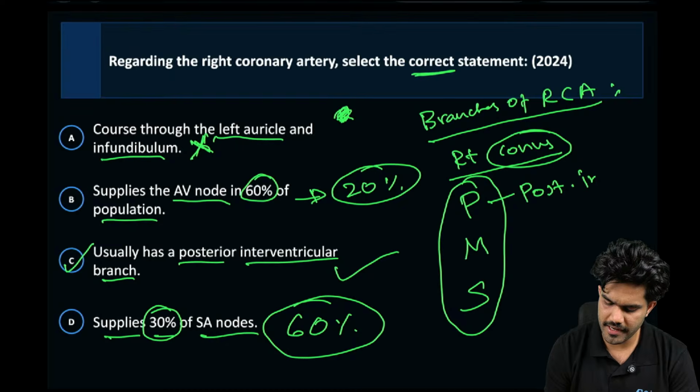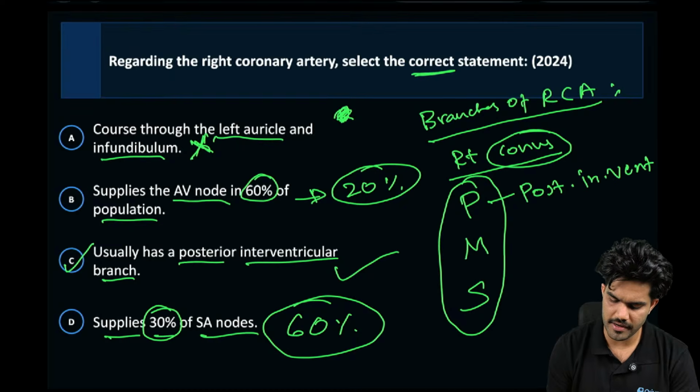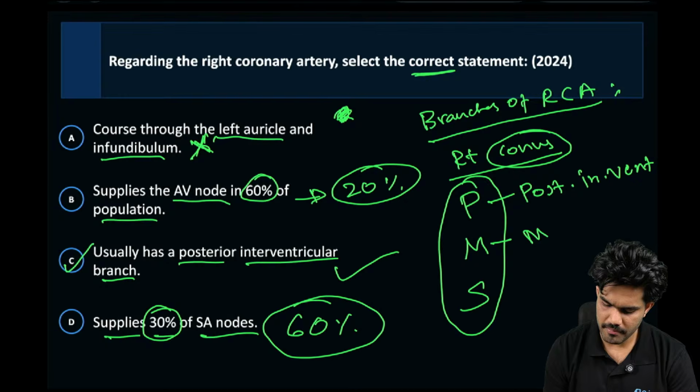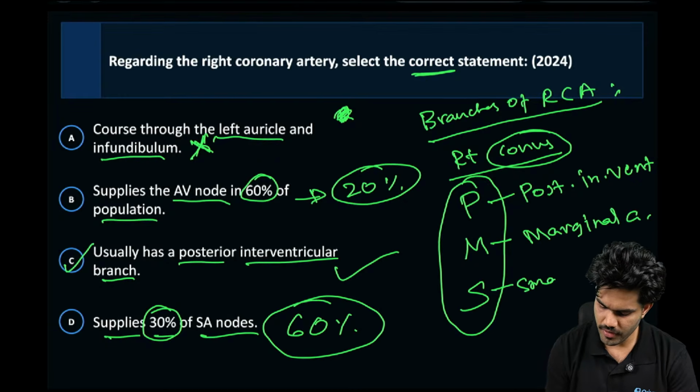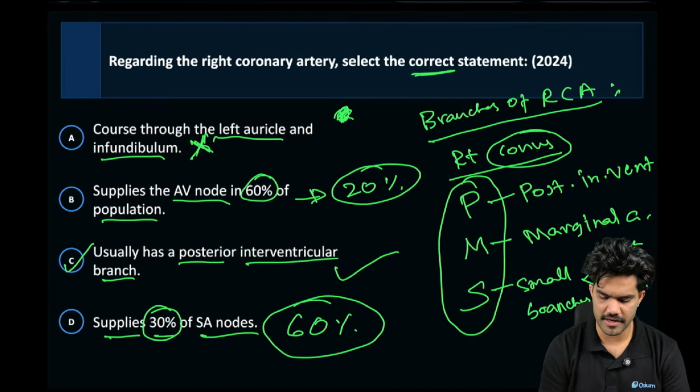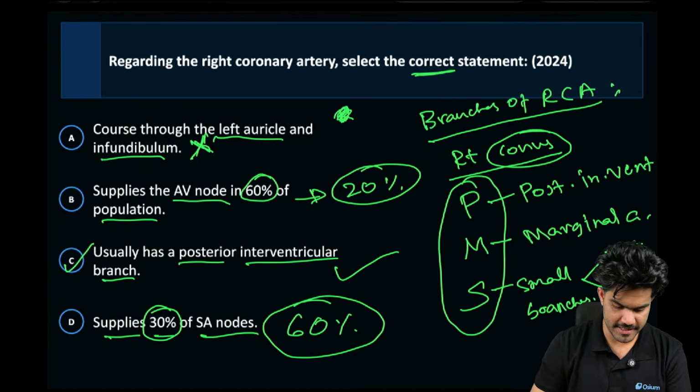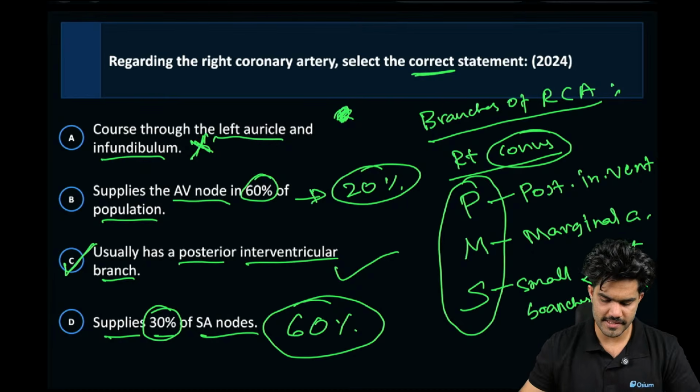Posterior interventricular artery. M for marginal artery. S for small branches towards the right atrium and right ventricle. Since this is the right coronary artery, it's easy, right? So the answer will be C.